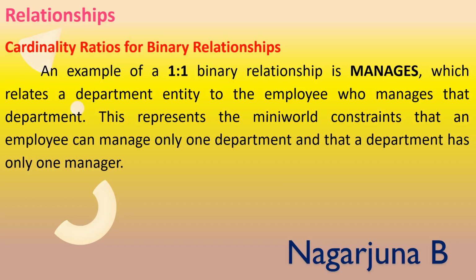So the cardinality ratio is 1:1 from department to employee. One department entity is related to one employee entity through the relationship manages. This is a binary relationship with a cardinality ratio of 1:1.